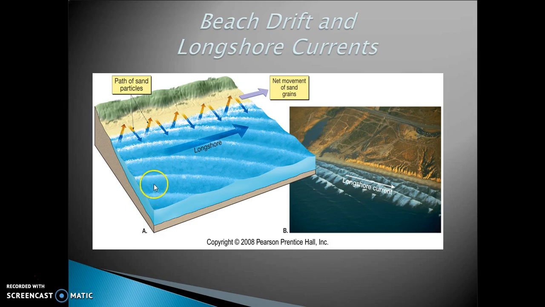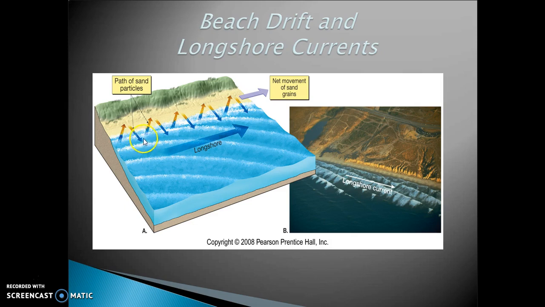One is waves washing on the beach. Waves usually come in at an angle, but when they flush out, they do that at a 90-degree angle, perpendicular to the beach. So over time, sediment, again in the form of sand, gets pushed in when the waves come in, and then it gets pulled back in a different direction when the wave goes out.